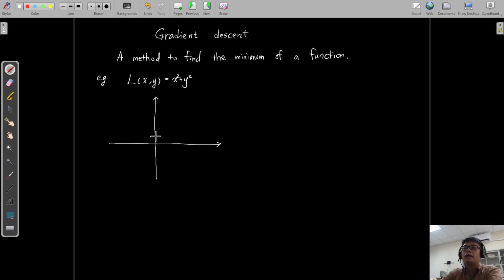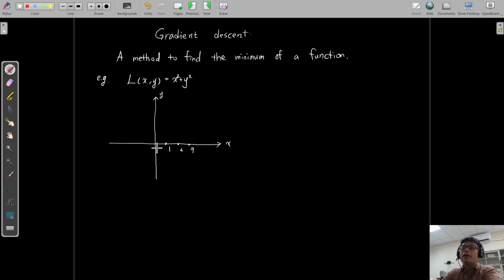Okay, and this is the x coordinate, y coordinate, and you know when x equals 1 and y equals 0, the L value is going to be 1, right? And if x equals 2, y equals 0, the L value is going to be 4, and the next place L is going to be 9.